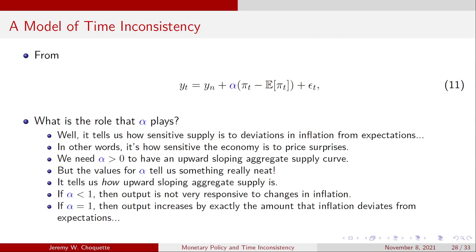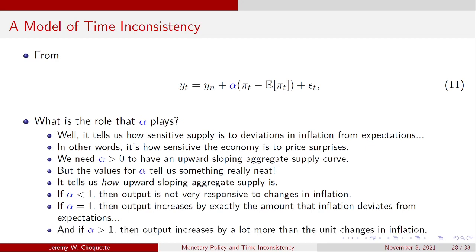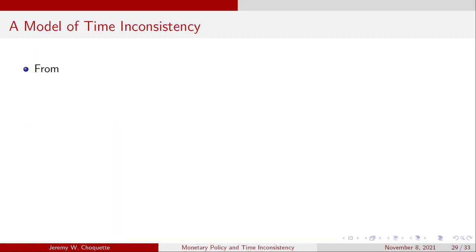If alpha is equal to 1, then output increases by exactly the same amount that inflation deviates from expectations. If inflation deviates from expected inflation by 1%, output increases by 1%. If alpha is larger than 1, output increases by more than the unit change in inflation.